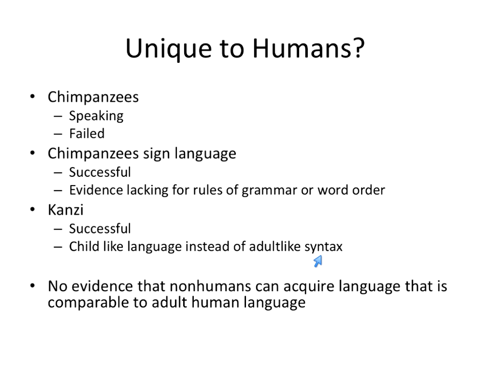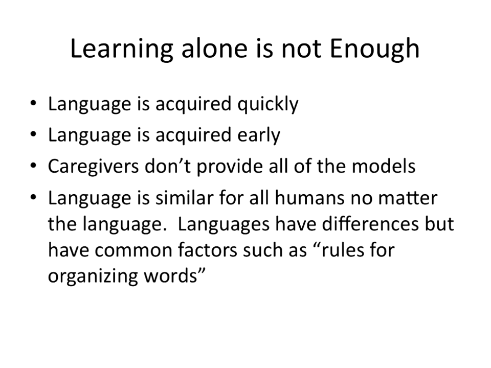So right now, we don't have evidence. We can't say that other animals, other species, won't be able to use language like adults. We can only say there's no evidence that non-humans can acquire language that is comparable to adult human language. So according to the nativists, learning alone is not enough because it's just learned too quickly.